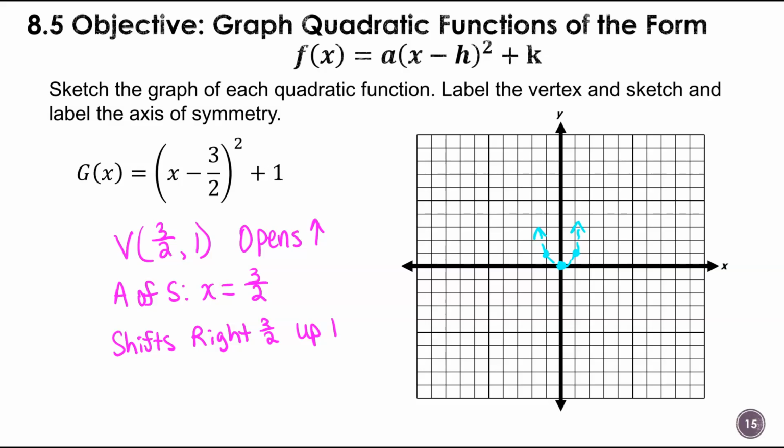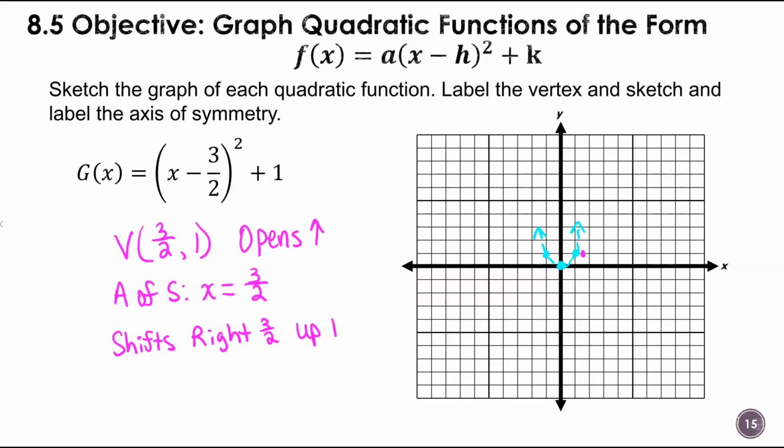So if I'm going to count right 1.5, I know we're going to write it as 3/2, but that's 1.5. First of all, I can graph the vertex because I already know it's at 1.5, 1. So here's my vertex.